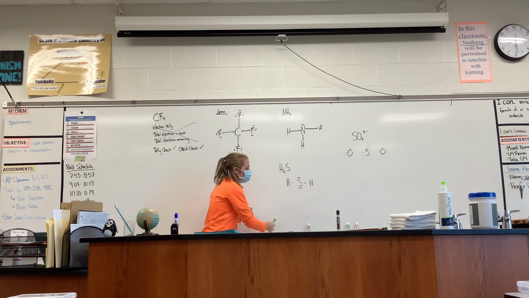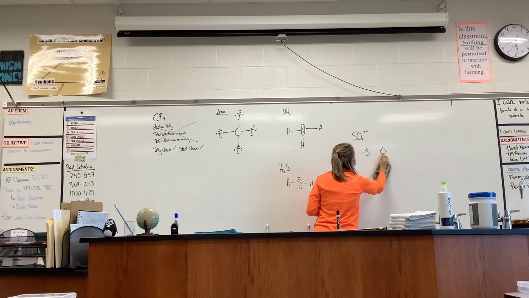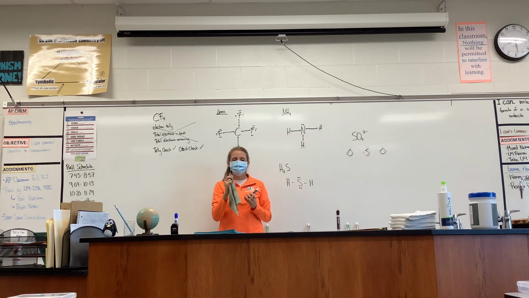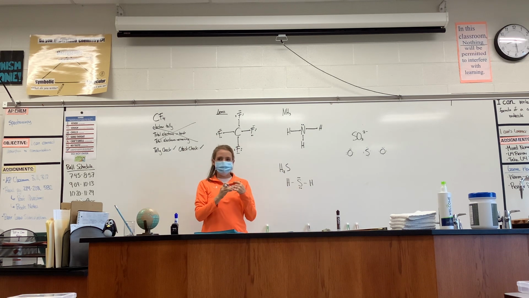Actually, can I change something I said earlier? I think this will make more sense moving forward. Save your bonus electrons till the end, and then place them where you need them. Okay, so we're going to start by bonding.